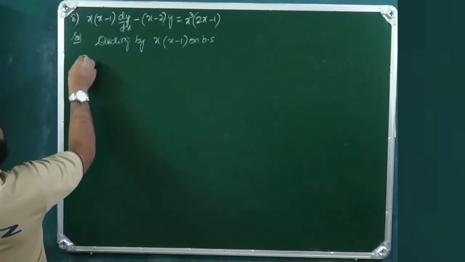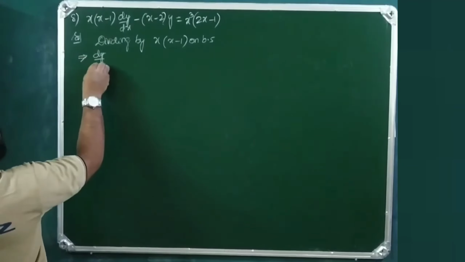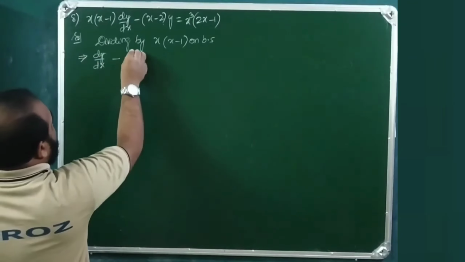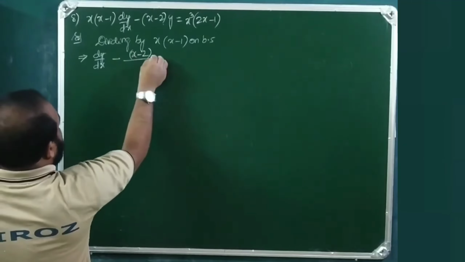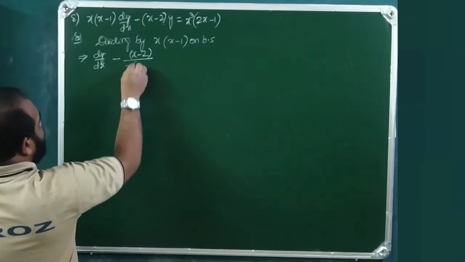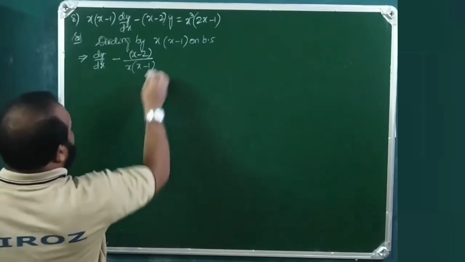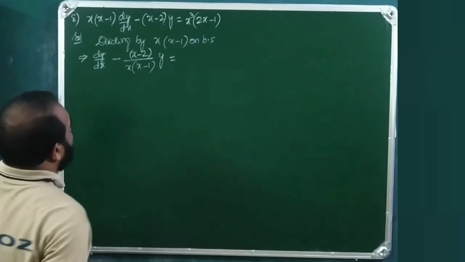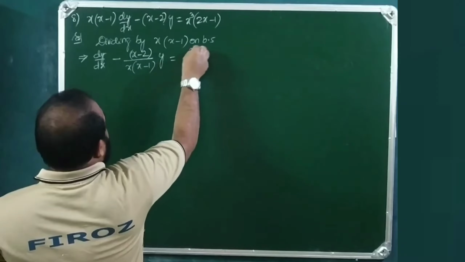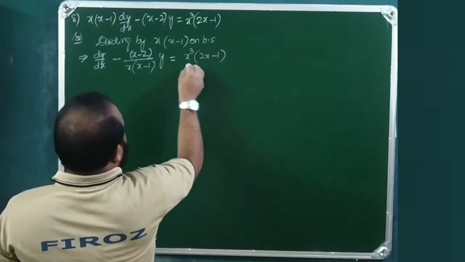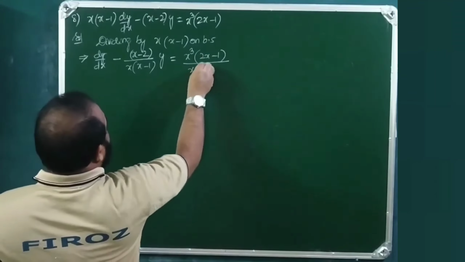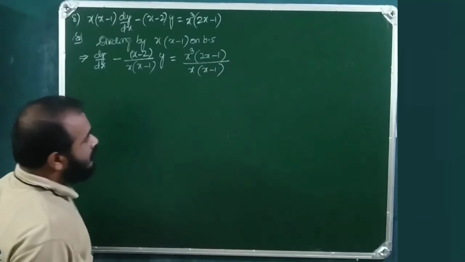Then we'll get dy by dx minus x minus 2 by x into x minus 1 into y is equals to x cube into 2x minus 1 by x into x minus 1.